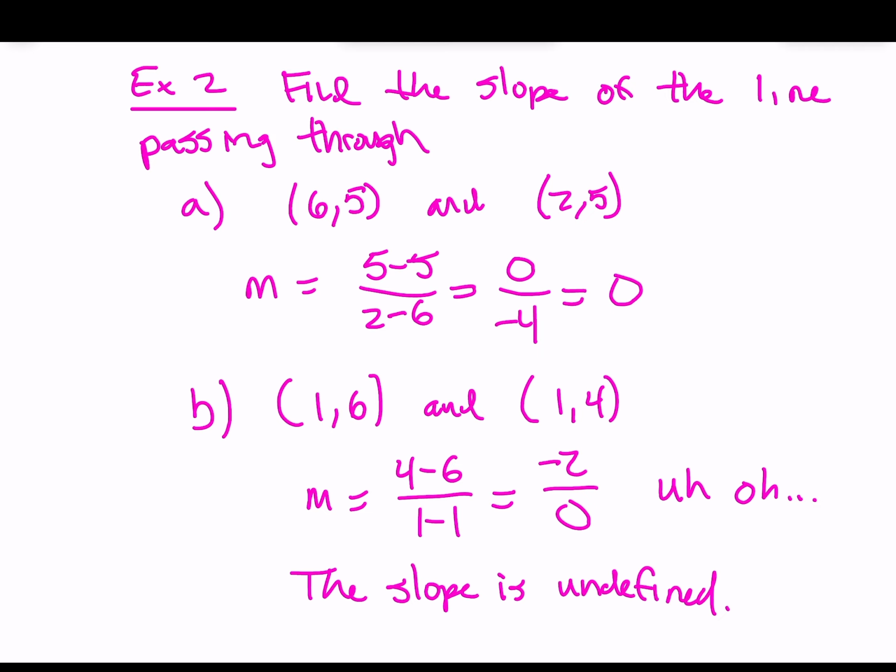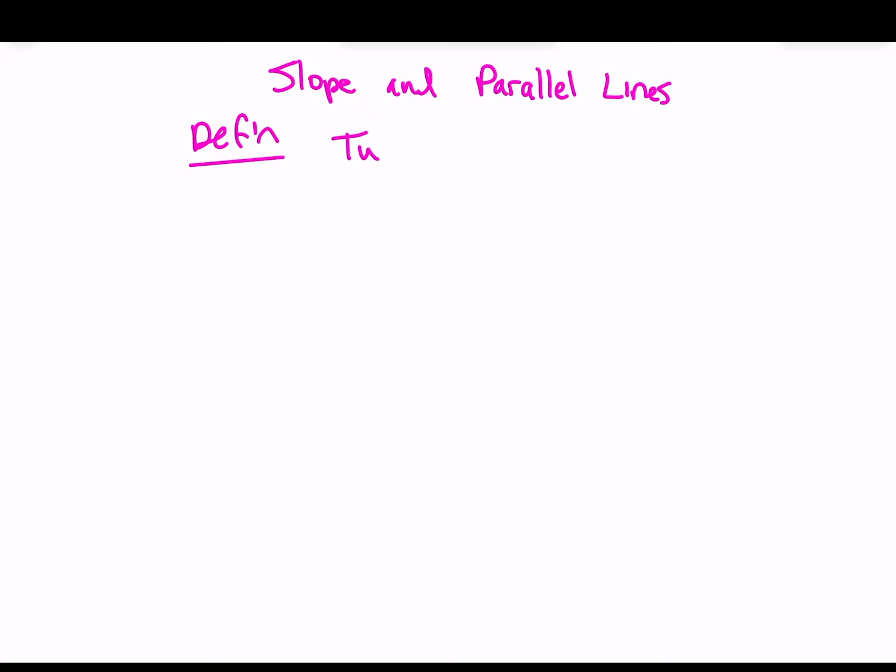Let's now move on and talk about slope and parallel lines. Definition. 2 lines that are non-intersecting are called parallel lines.